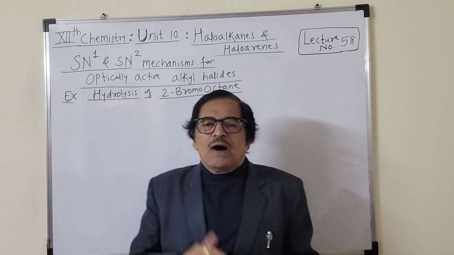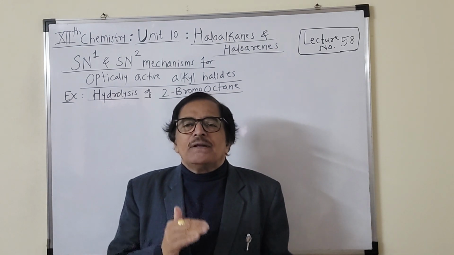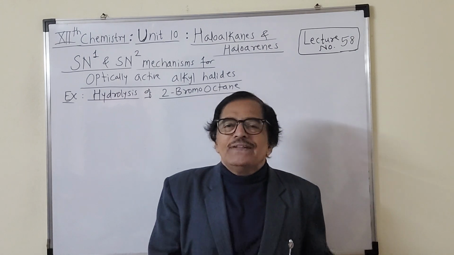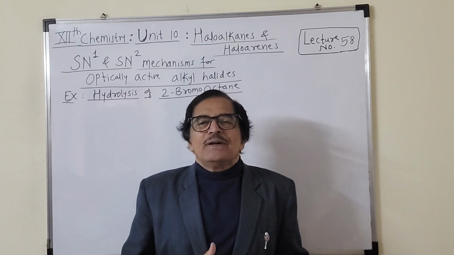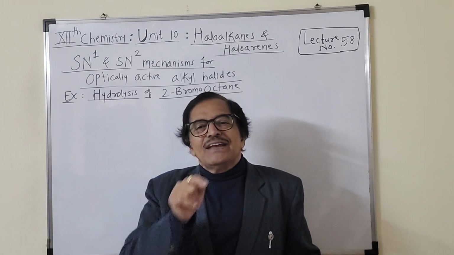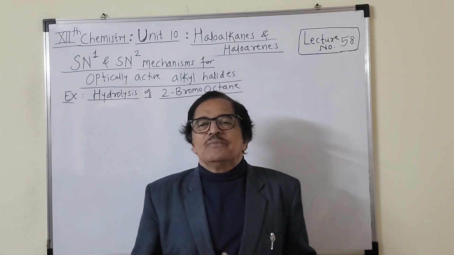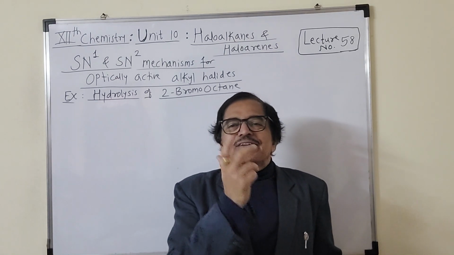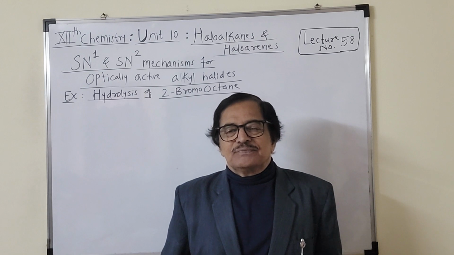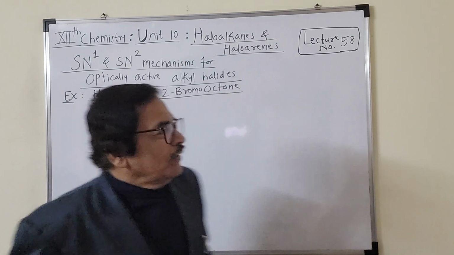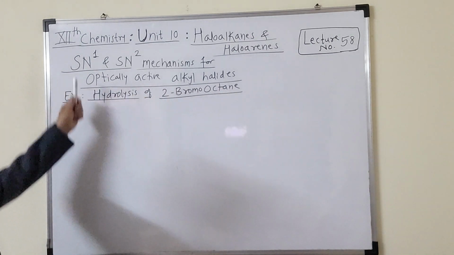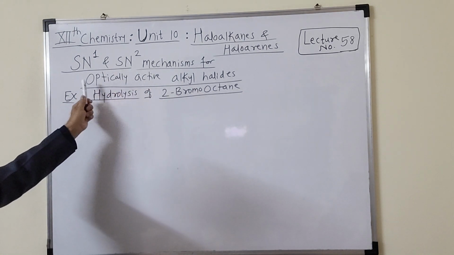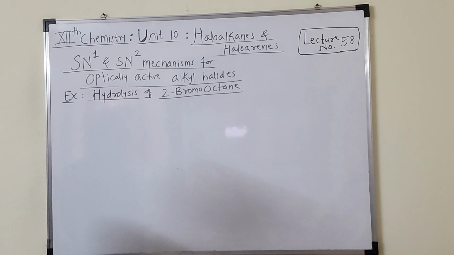Now we have to apply all this optical isomerism to optically active alkyl halides in the SN1 and SN2 mechanisms. We have to see how the products change. So it is said: SN1 and SN2 mechanisms for optically active alkyl halides.